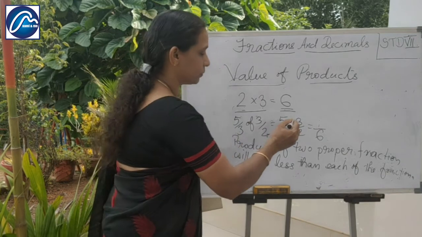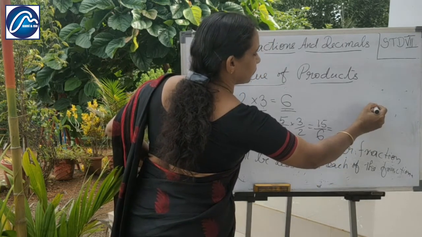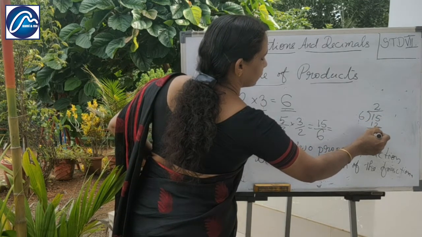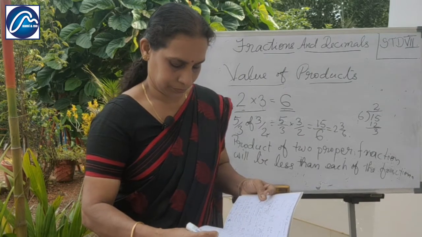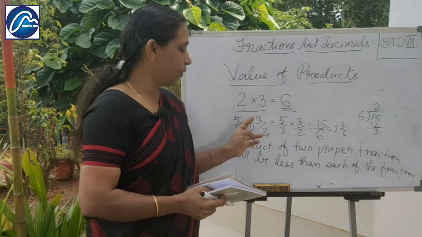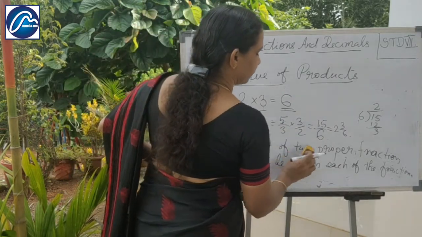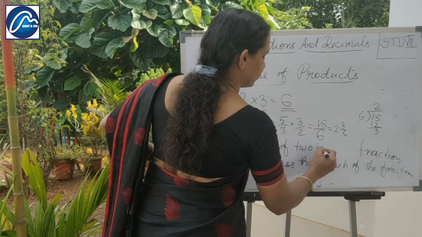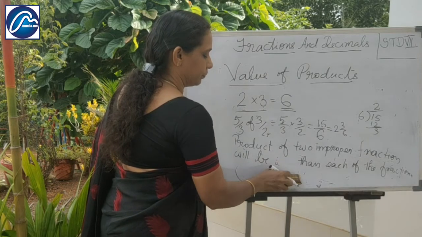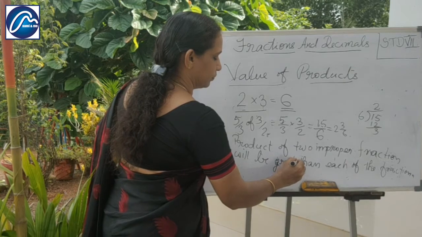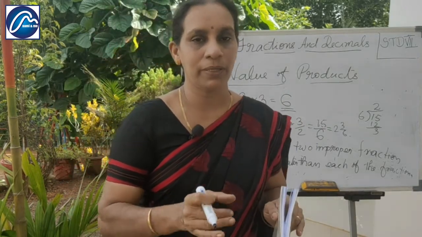Improper fraction means... The product of two improper fractions will be greater than each of the two fractions. But when you multiply proper fractions, you will get less.